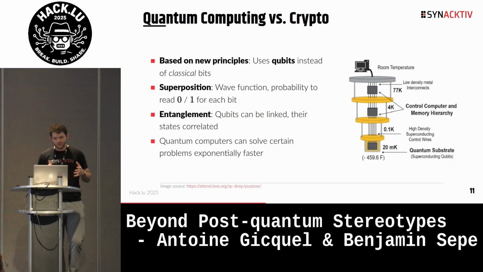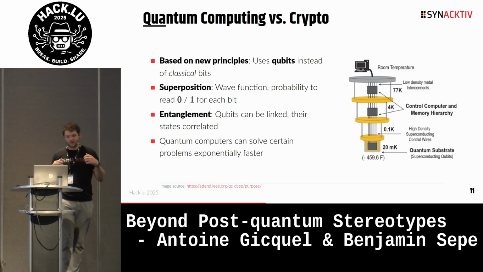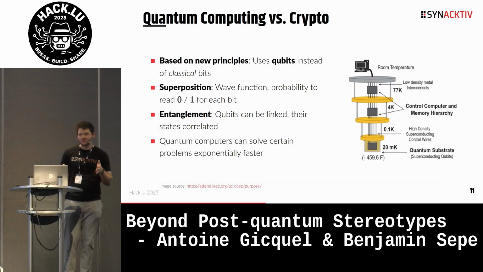A quantum computer uses qubits instead of classical bits. That is, instead of storing 0s or 1s in memory cells, you have quantum particles with quantum properties. So they follow 2 rules, at least: superposition and entanglement. Superposition means that you're not sure about the state of the property.